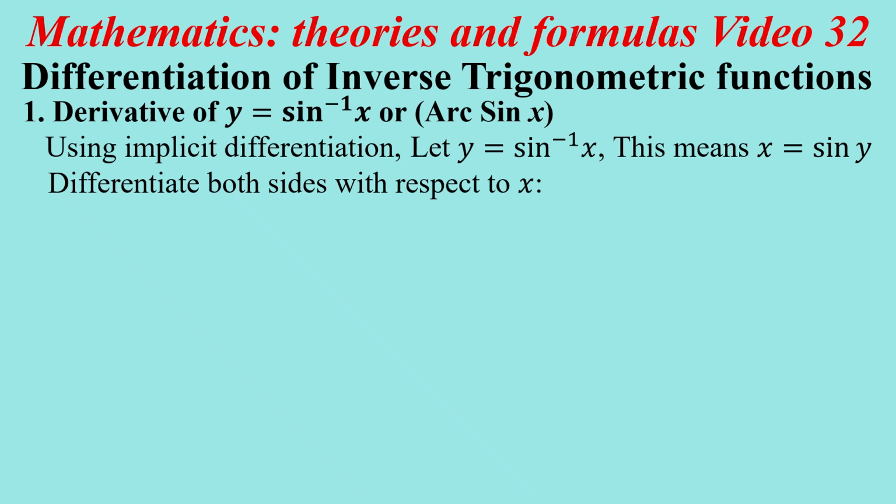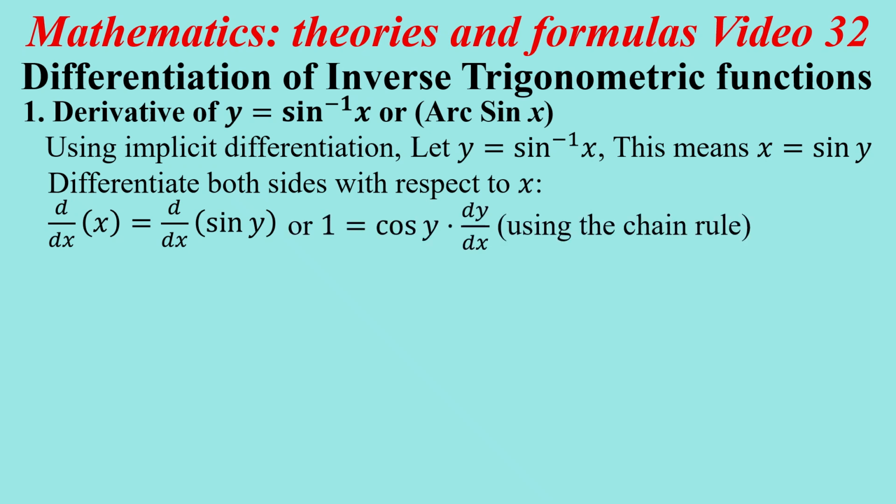So we differentiate both sides with respect to x, and we get the derivative of x with respect to x equals the derivative of sine y with respect to x. The derivative of x is 1, and the derivative of sine y is cos y times dy by dx. We are using the chain rule here.